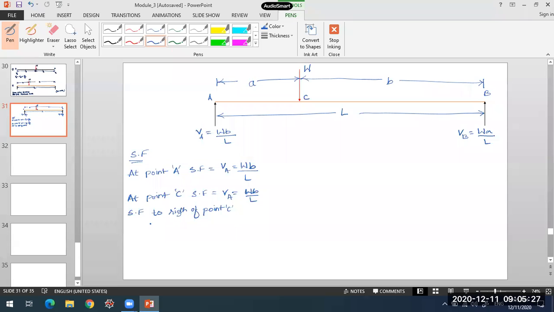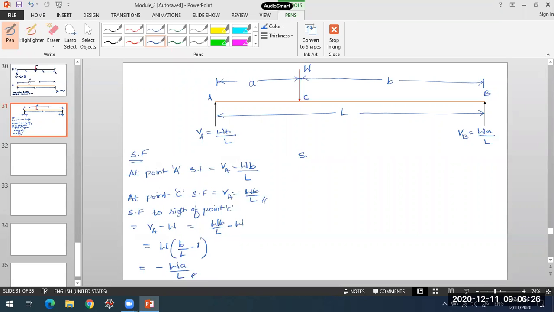In this case, that will come out to be VA minus W, so W into B upon L minus W. You can further write it as W into (B by L minus 1), or minus W into A by L, because B minus L will come out to be minus A. So this gives you minus W into A by L, the shear force once you cross the concentrated load at point C. Before crossing the concentrated load, the shear force will be W into B by L.